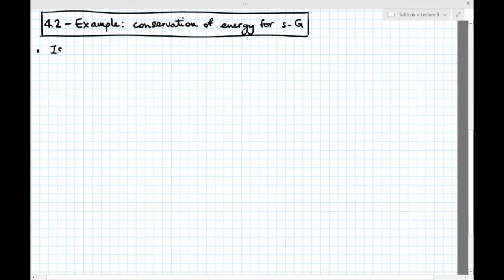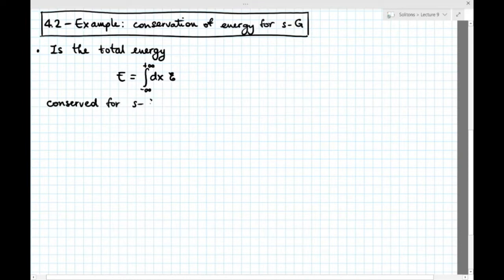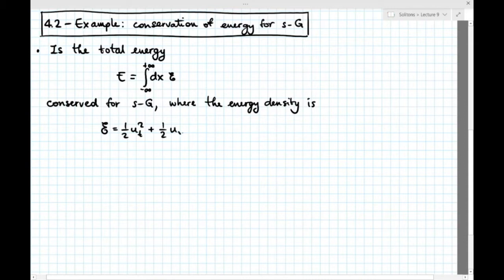The question that we would like to answer is the following. Is the total energy E, which is the integral over space of the energy density calligraphic E, conserved for the sine-Gordon equation, where the energy density is the one that we wrote last week, namely a half ut squared plus a half ux squared plus 1 minus cosine of u?